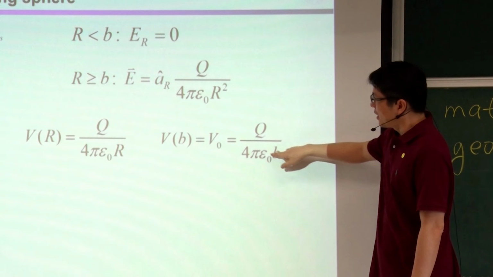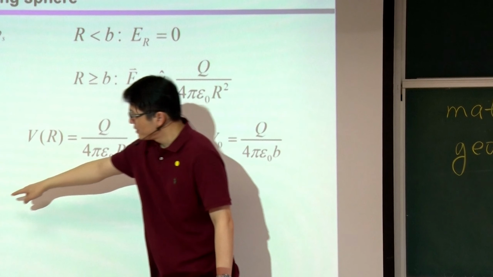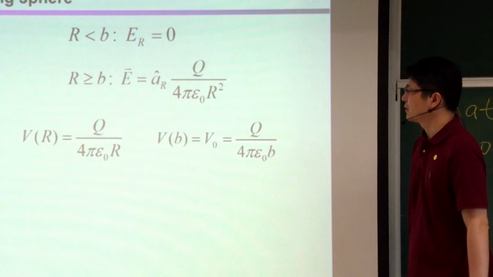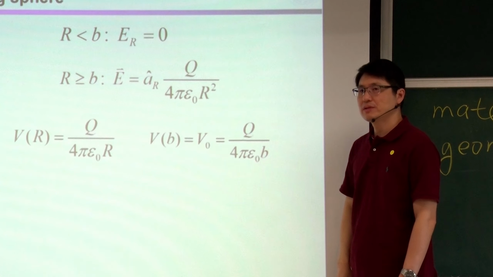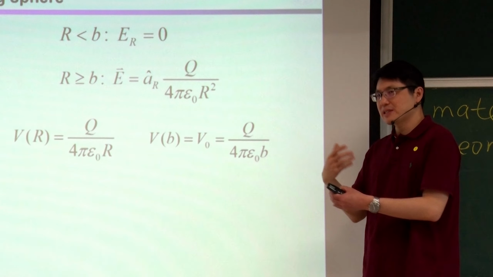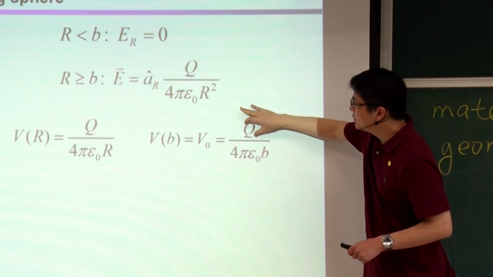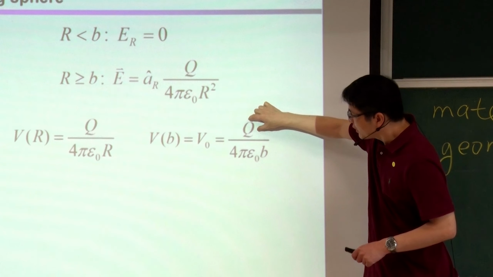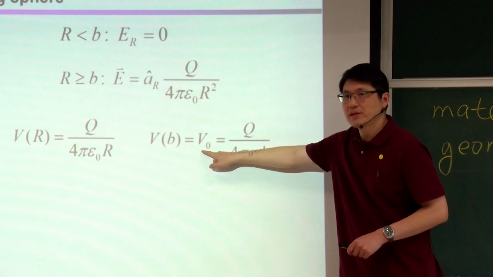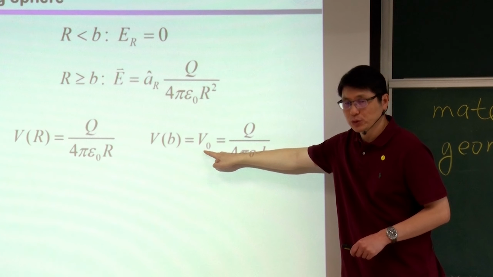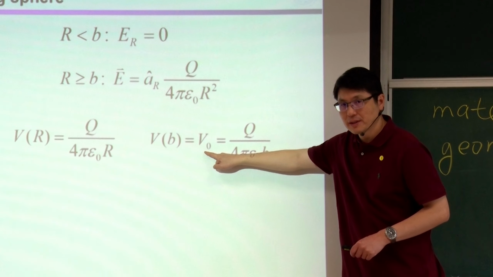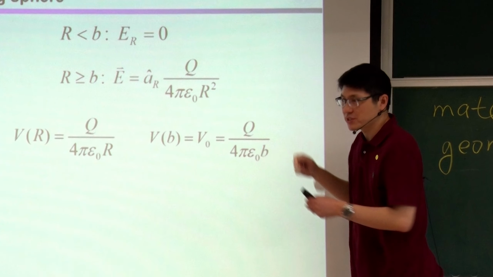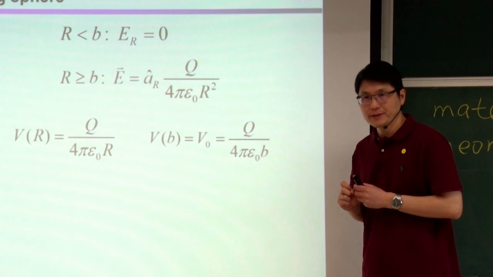At R equals B, this is where your potential maximum is, right? And that is defined as V0. So all we're trying to seek is, well, we know the total amount of charge is Q, but we're looking for what is the resulting electric potential being contributed by this charge onto the surface in a uniform way.